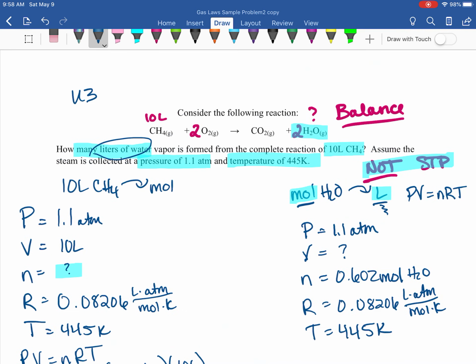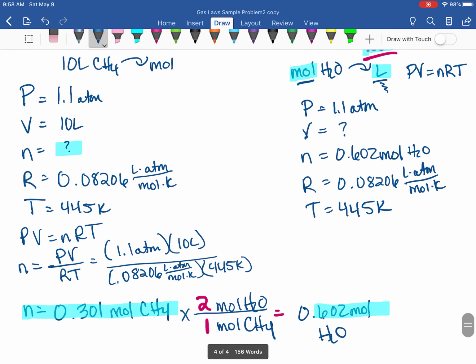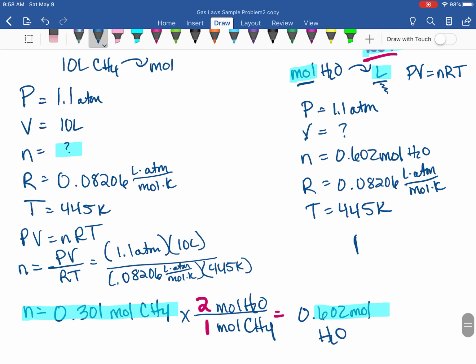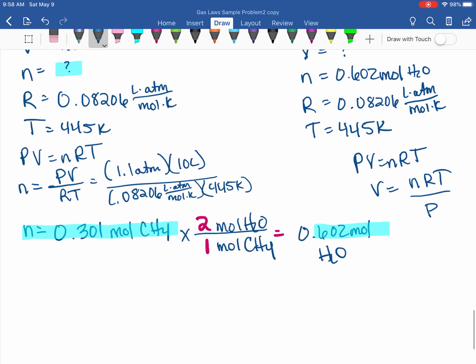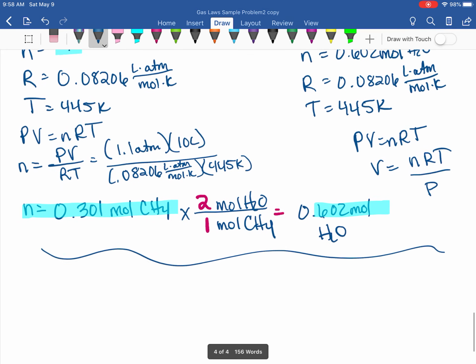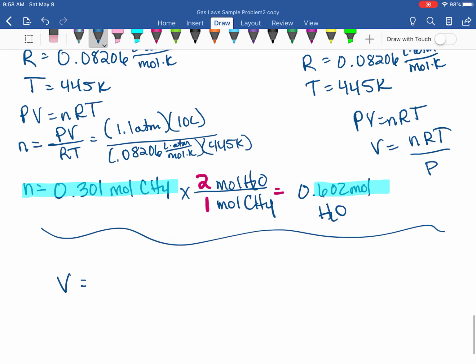And then now we get to solve for volume. Okay, that's cool. We've done that before. So let's rearrange our PV equals nRT. Let's solve for volume. All right, now I think I'm running out of some space, so I'm going to have to solve that down here. And I may have to scroll to look for those numbers. All right, I think I remember our moles here, 0.602.